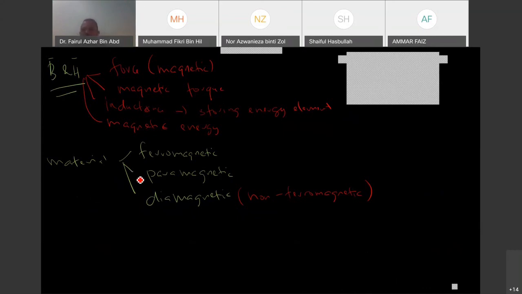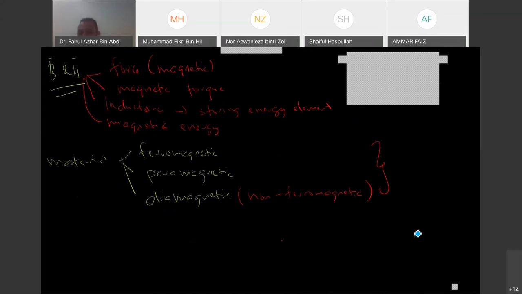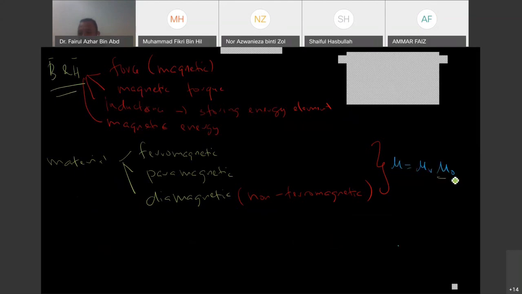All right. This material has constitutive parameter mu. So we have mu equal to mu r times mu naught, where mu naught represents the air permeability and mu r represents the relative permeability.